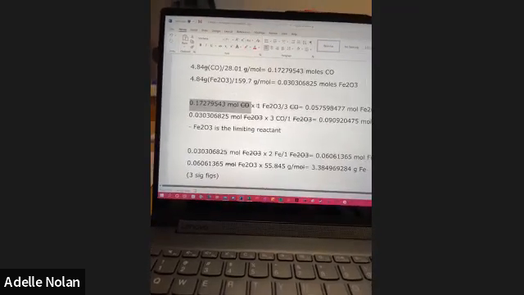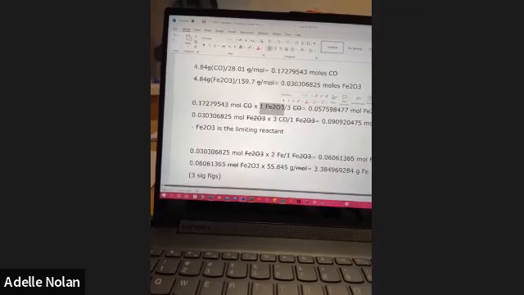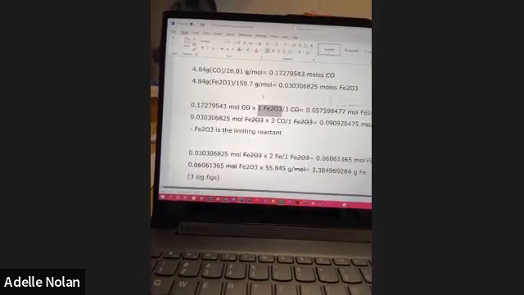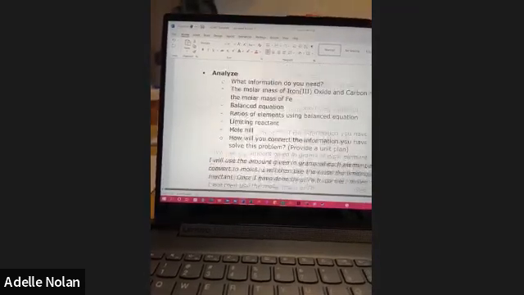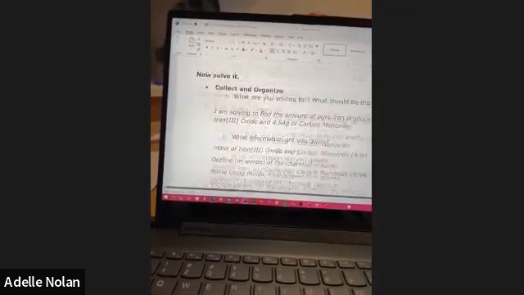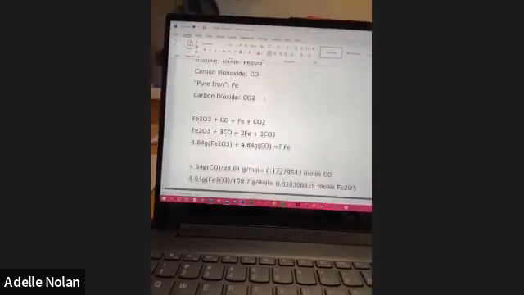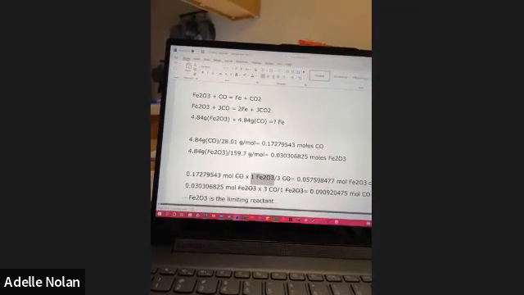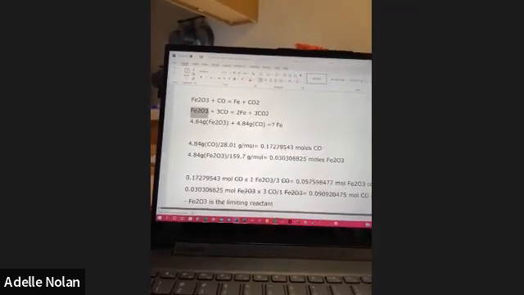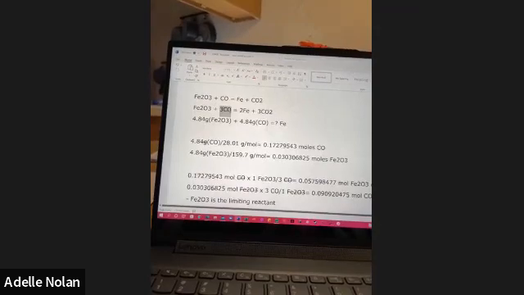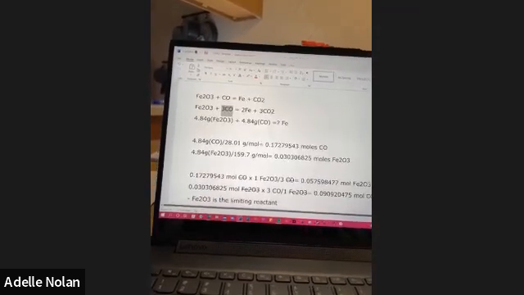So on the top here, you have 1 of the iron oxide. And that's because when you look at the balanced equation once again, you'll see that there's 1 of these and 3 of these. And that's what pertains to the ratio.